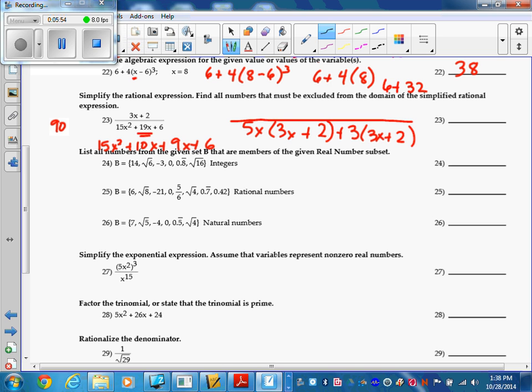And then we have the top as 3x plus 2. We see a lot of 3x plus 2's, don't we? Are you getting the idea that that's going to cancel?